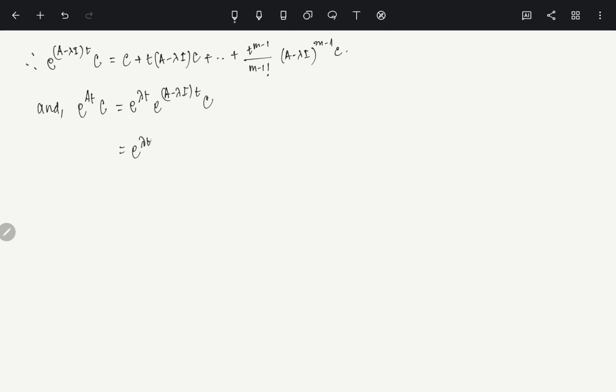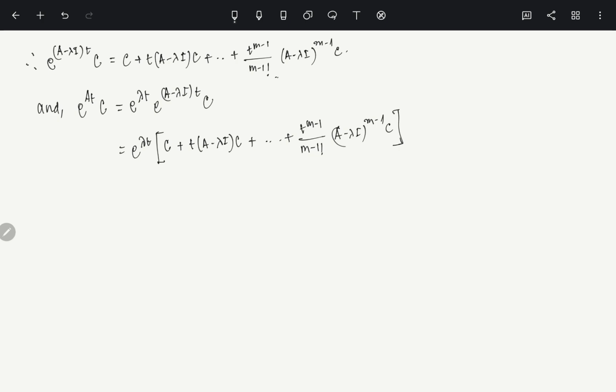It is e^(λt) times the vector c plus t(A − λI)c, plus it will go on, and I have this last term, t^(m−1)/(m−1)! (A − λI)^(m−1) c. This is essentially the algorithm to calculate e^(At) times c. Once we do that, we are done, right?